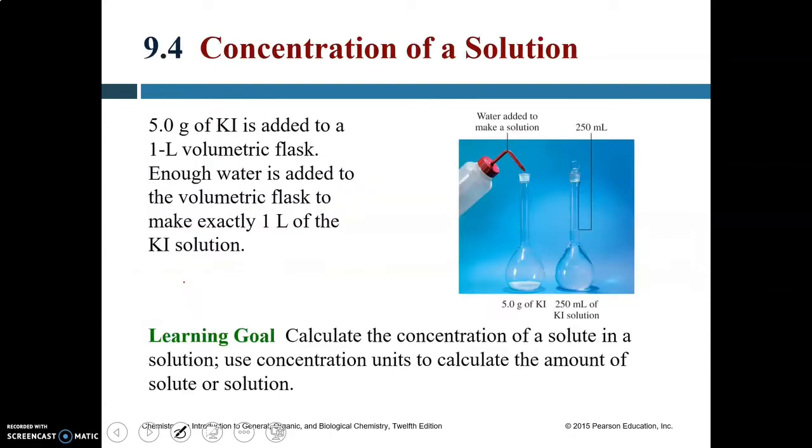So next we need to discuss how to express the concentration of a solution. Here you take 5 grams of potassium iodide and form a certain volume of the solution.